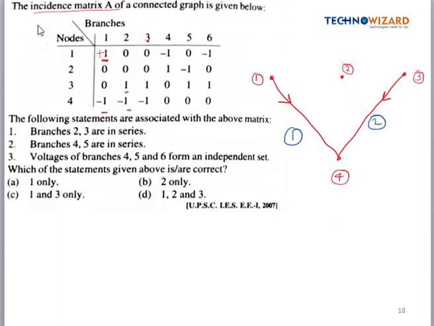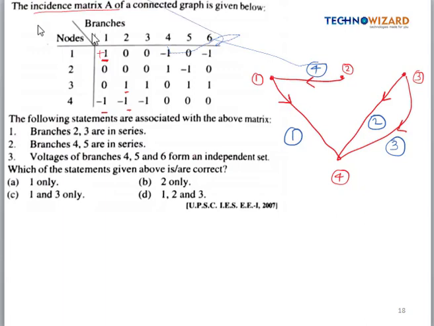Now branch 3 is connected between 3 and 4, so it will be like this, with positive toward 3. This is branch 3. Next, branch 4 is connected between node 1 and 2, so it will be like this. Positive towards 2 means it will be going out. This is our branch 4.